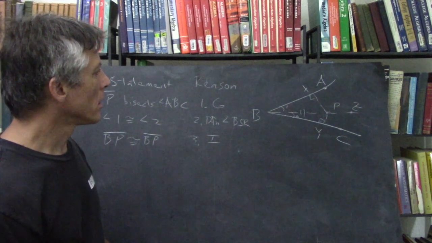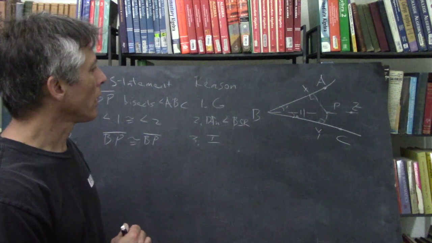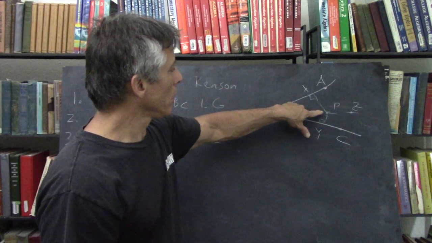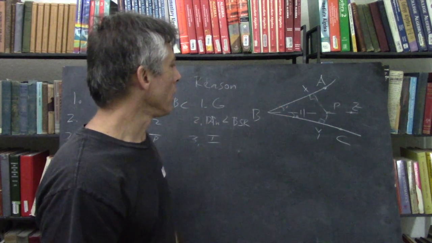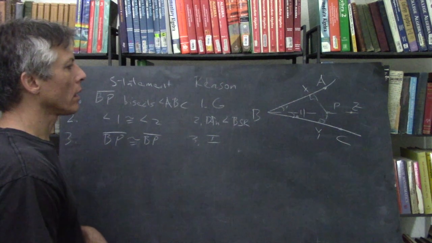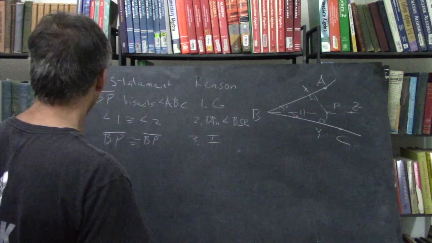And then we've got, if we draw the perpendicular here and here, we know that they give a right angle.